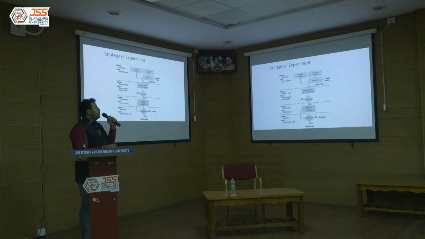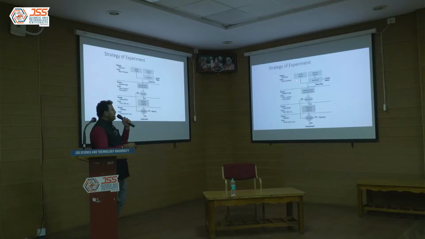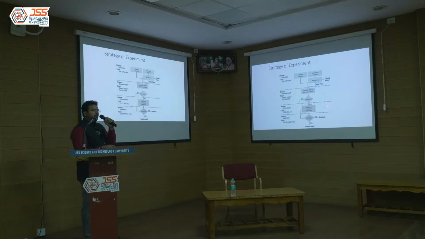So before going to the case study, we have a strategy of experiment. In the first phase, we should identify the known factors and unknown factors, and screen them. In the second phase, estimate effects and interactions and draw the curvature. In the third phase, apply optimization using response surface methods or any other optimization technique. Fourth phase, validation, then confirmation and celebrate.